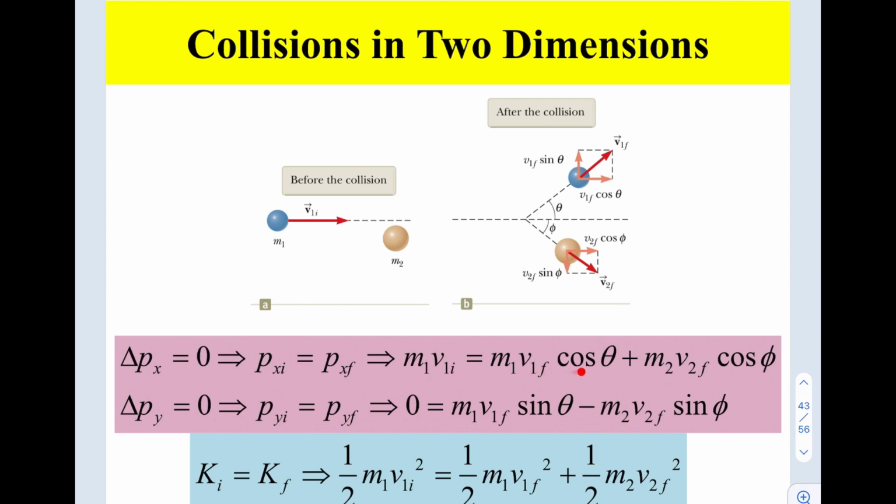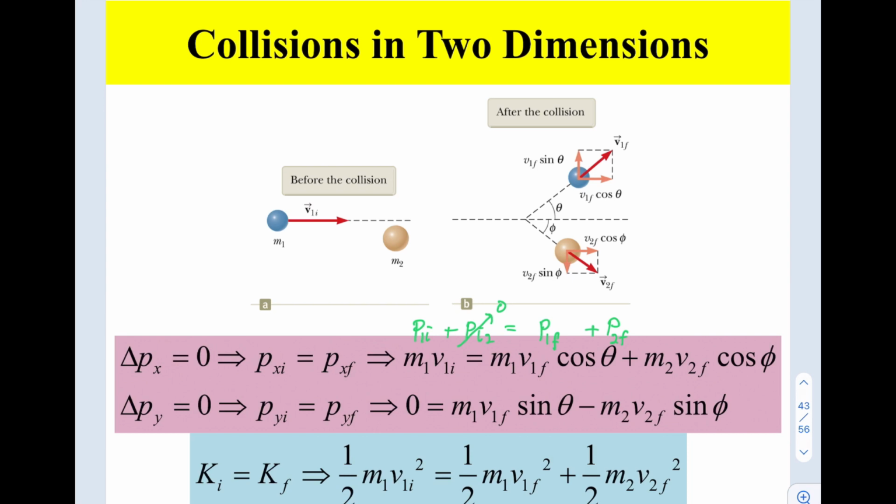This one is the P of object 1 final. This is P initial of object 1 plus P initial of object 2, equivalent to P final of object 1 plus P final of object 2. But since object 2 is stationary initially, P initial of object 2 is 0.